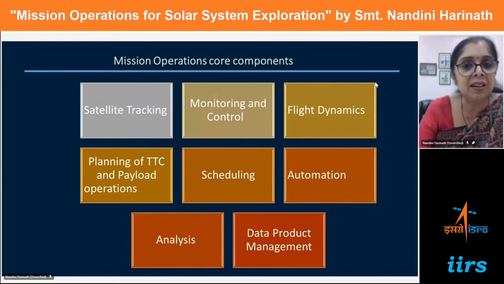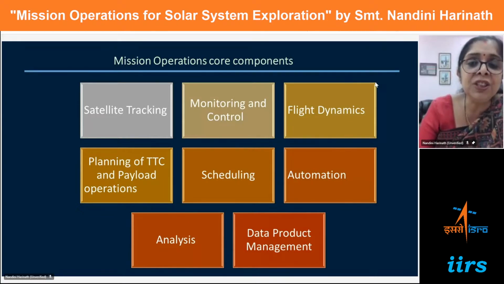Flight dynamics, Pavitra is from flight dynamics, their main objective is to basically assess which orbit the satellite is in, where the current position is, and what should be the reference orbit for that particular satellite. So they continuously assess the orbit of the satellite, and they also provide a lot of information to the ground stations and help us to track the satellite.